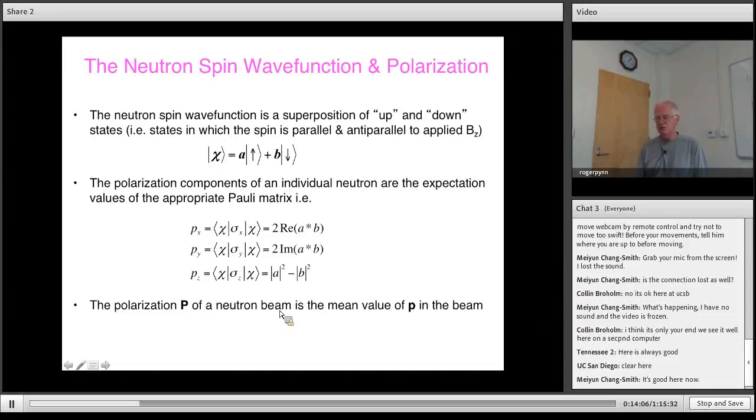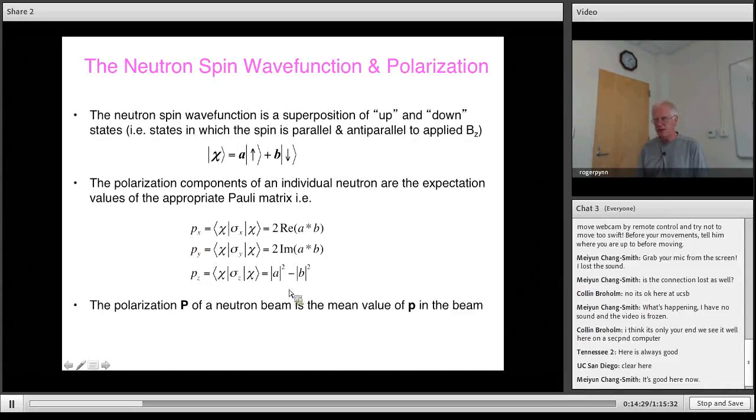So what you can do with a neutron beam, because you've got a statistical ensemble of many neutrons, is you can actually measure the various components of the polarization for the neutron beam. And that will be the mean value of each of these quantities averaged over the beam.